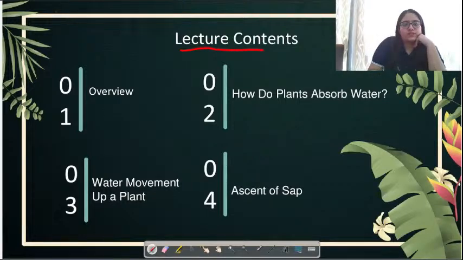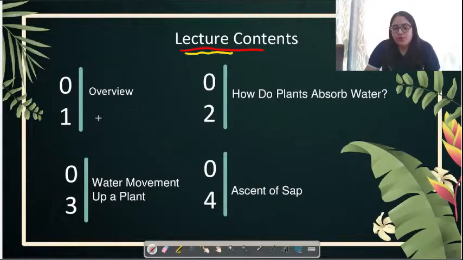First of all, I will give you an overview of what long distance transport is, and I will also tell you why exactly plants need a long distance transport system, why the short distance transport means that we discussed, like simple diffusion, facilitated diffusion and active transport, were not enough.